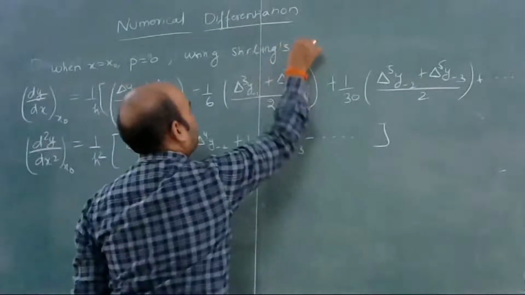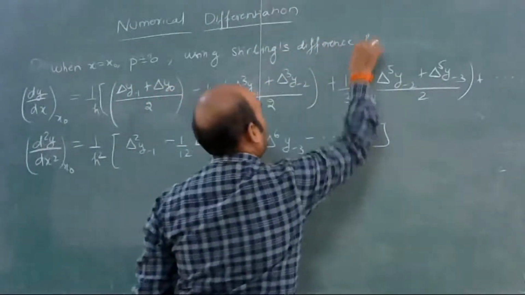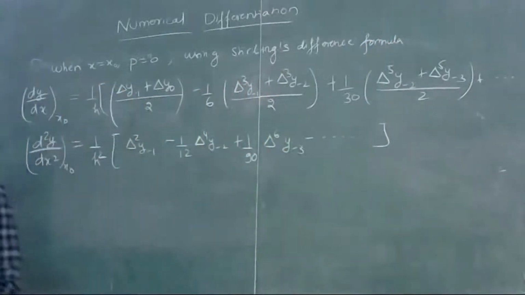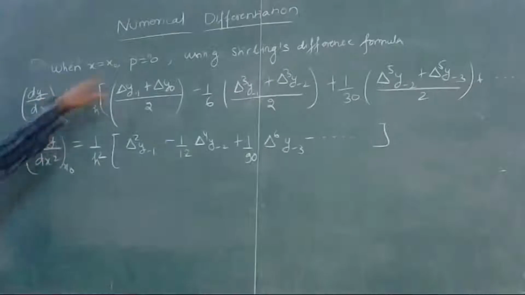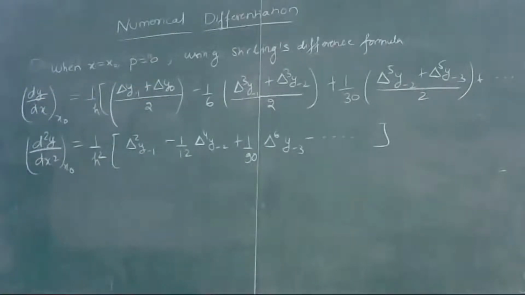So we have derived the value of dy/dx using Stirling's difference formula. These are the values of derivatives using Stirling's difference formula, so you have to remember this formula. We will solve one numerical based on this.